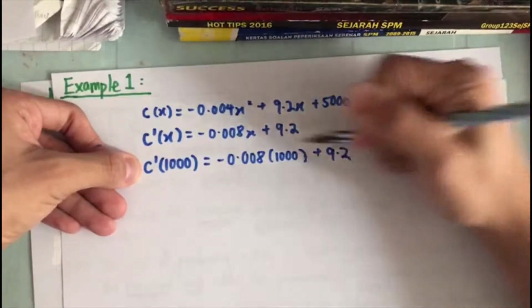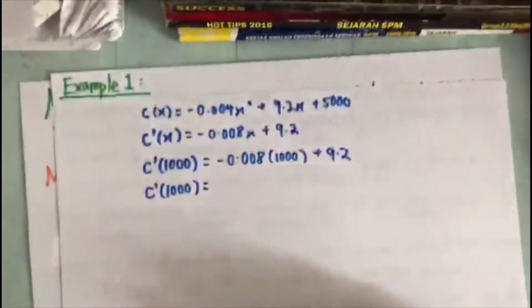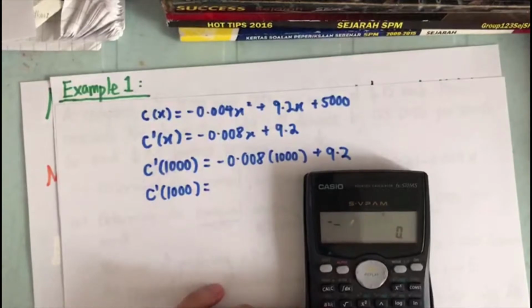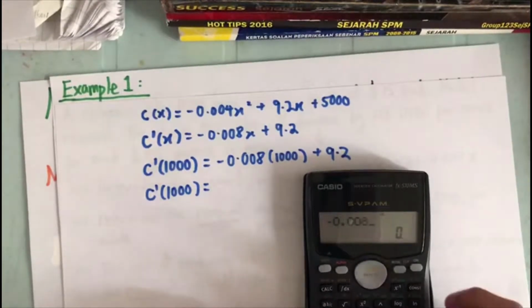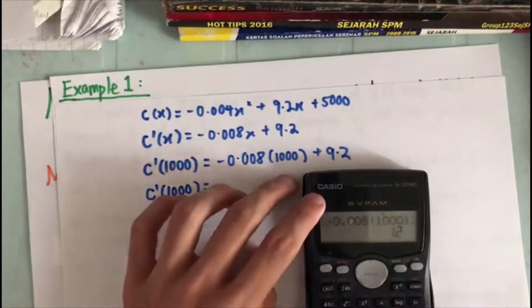C prime of 1,000 is equal to negative 0.008 times 1,000 plus 9.2.